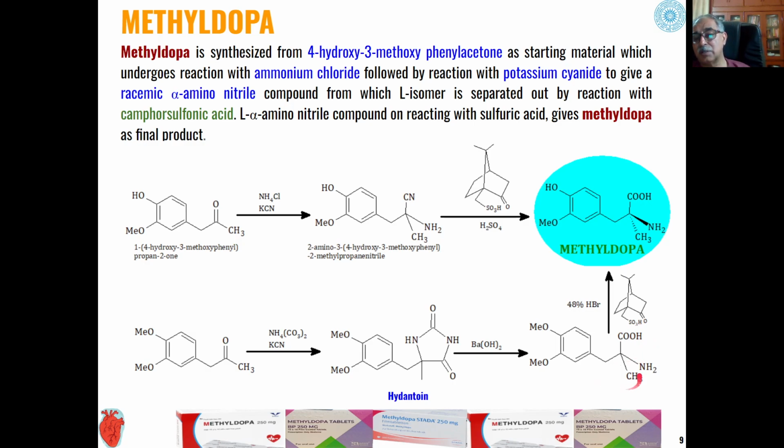Now this racemic compound is resolved with the L isomer of camphor sulfonic acid, and treatment with 48% HBr will lead to the formation of methyldopa. And this methyldopa is used in various types of cardiovascular diseases.